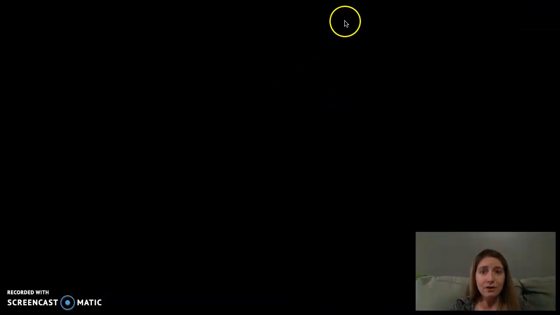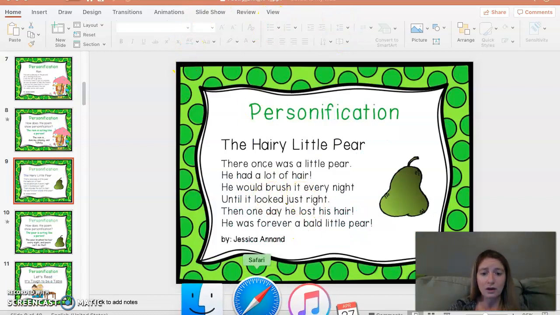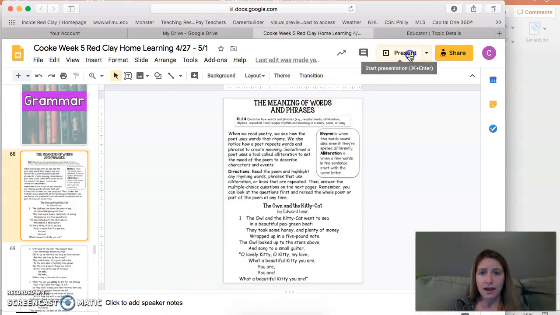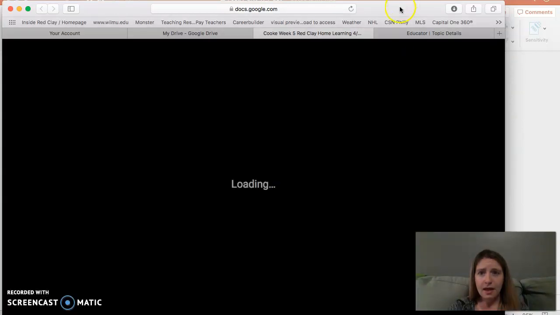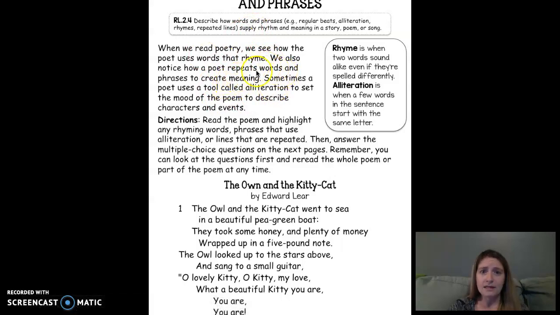So today for your work in your Google slideshow or in your remote learning pack, you are going to work on a poem. And your poem looks like this. It tells you a little bit about poetry and rhyme. Says poems sometimes rhyme.